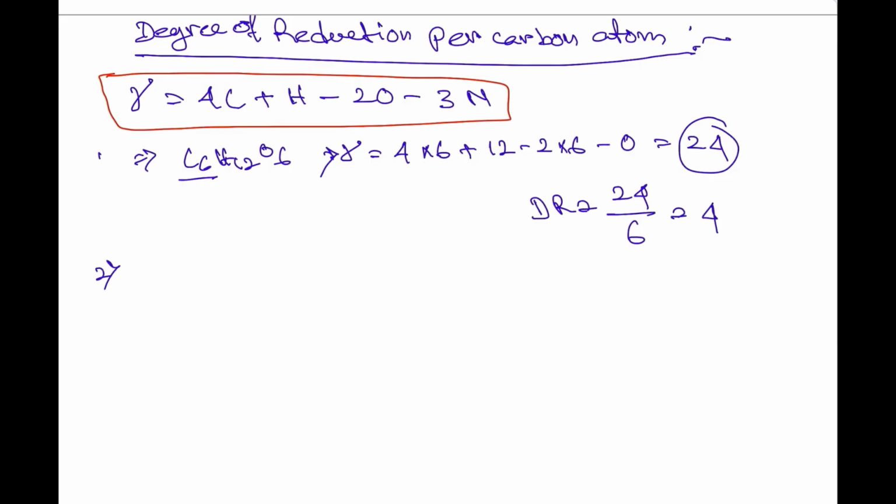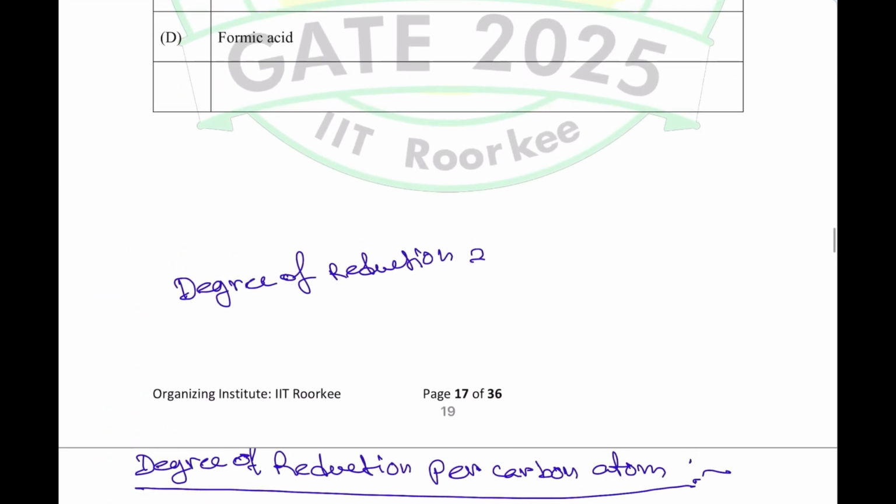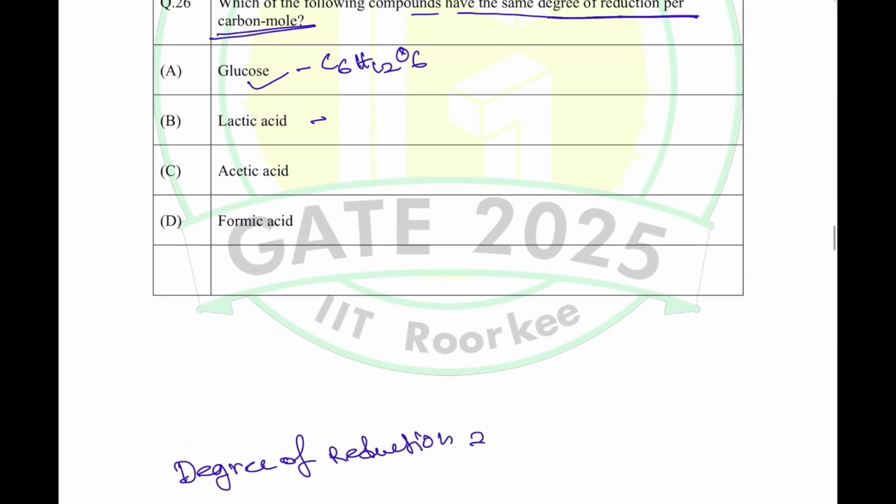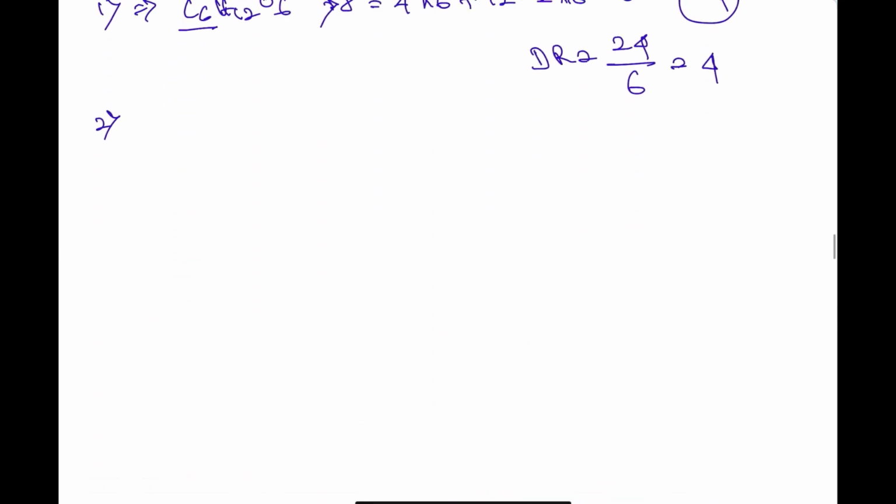So this is the first, and second one is lactic acid. Lactic acid, the formula is C3H6O3. So from here we will get 4 into 3 plus 6 minus 2 into 3.